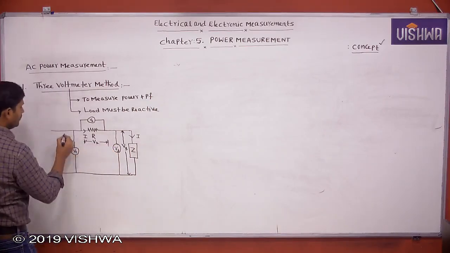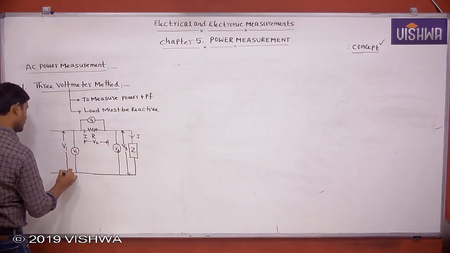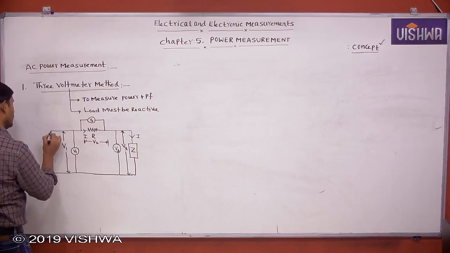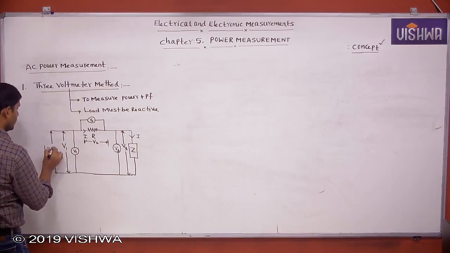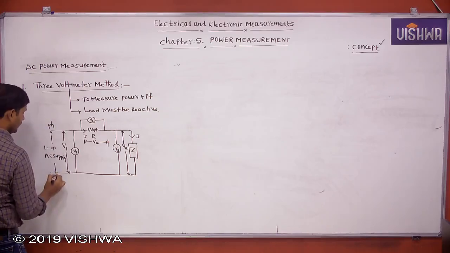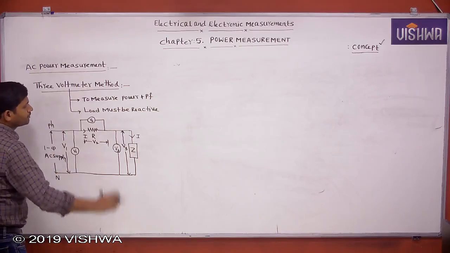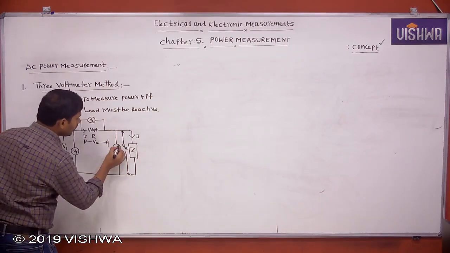This is V2. This is V1. I am explaining for a single phase AC supply because this is AC power measurement. This is phase, this is neutral. This is a circuit we can use to measure the AC power by using the three voltmeter method.